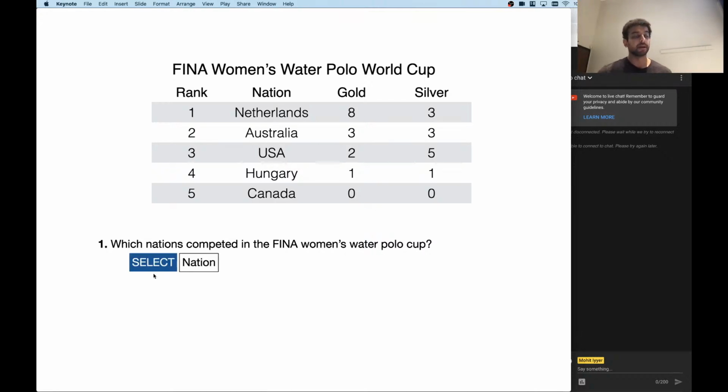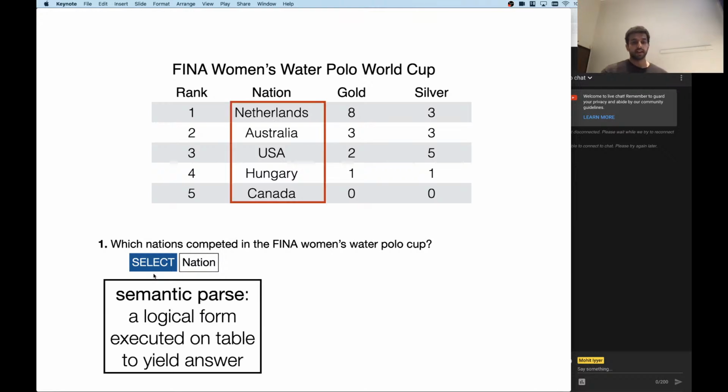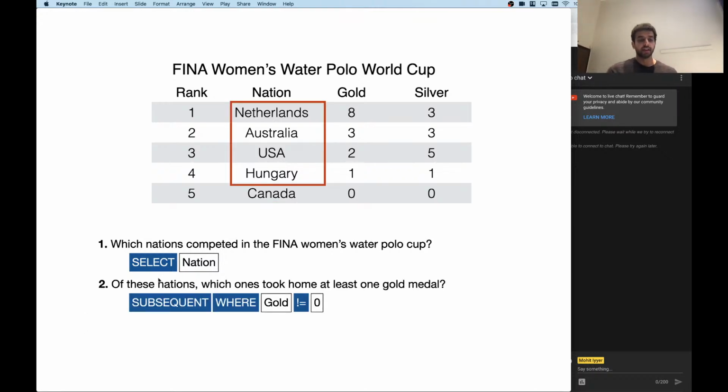So I would want my model to be able to produce this. And then I might get a follow-up question: of these nations, which ones took home at least one gold medal? And so here there's a new operator to SQL called subsequent, which we made up, that kind of refers to the output of the answer to the previous question.